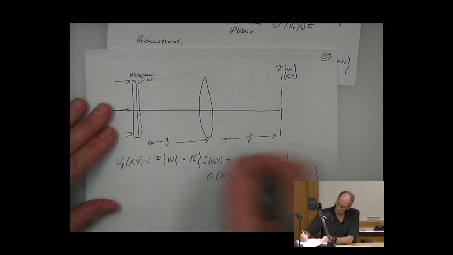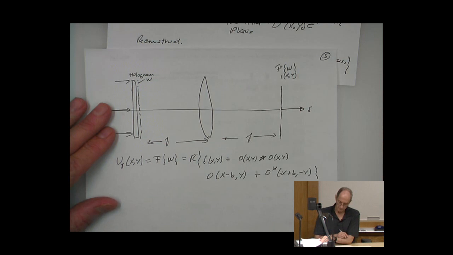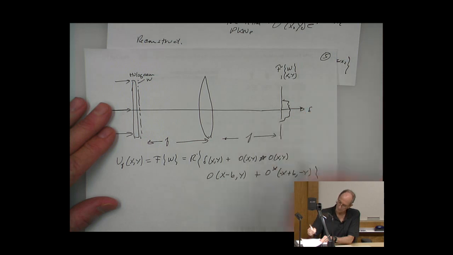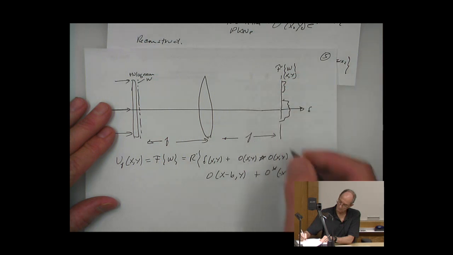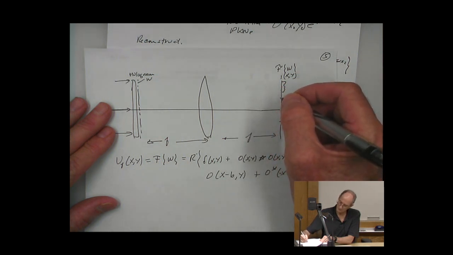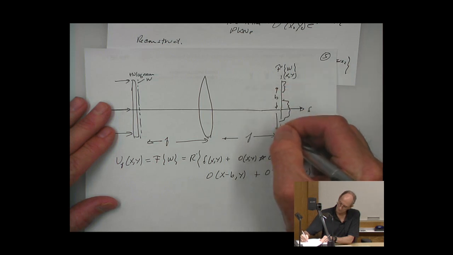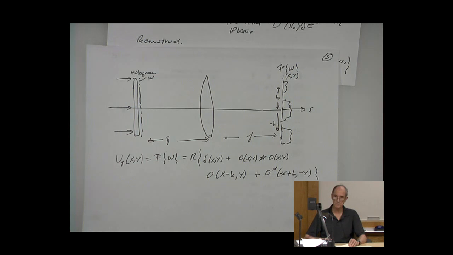We have that delta function again, and then we have this autocorrelation term, so we're going to have some stuff out there, and then something shifted here by b, and something downshifted by minus b, just like that. So it's identical to what we just derived for that Fourier analysis.